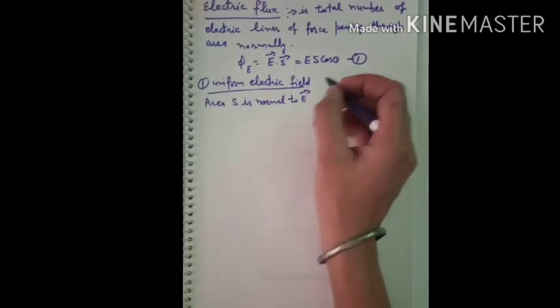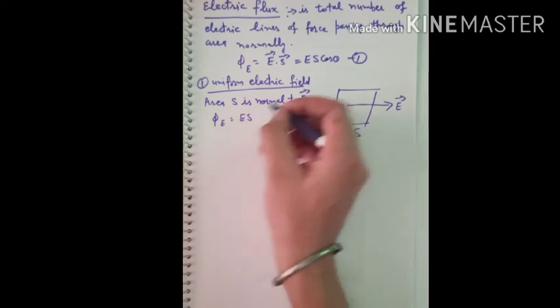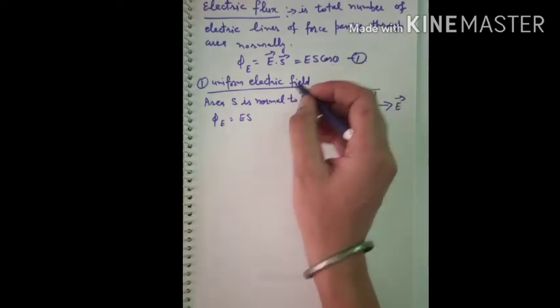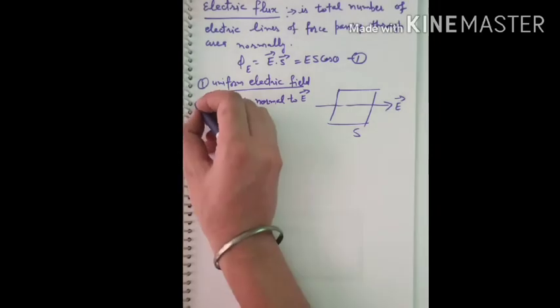So from equation number 1, electric flux is equal to E S cos 0. In case of uniform electric field, when the area is normal, cos theta is cos 0 degree, so it is equal to E S. Say that this is A.